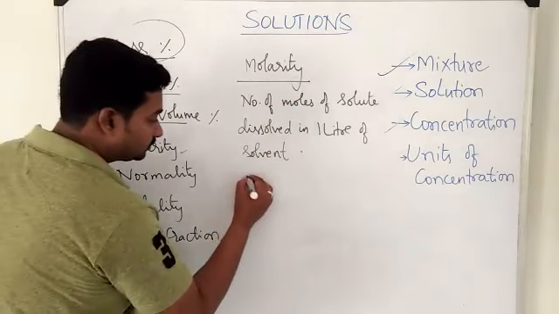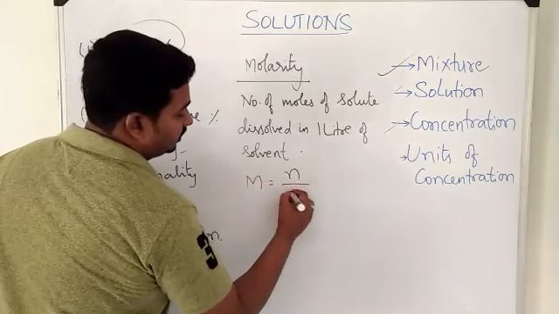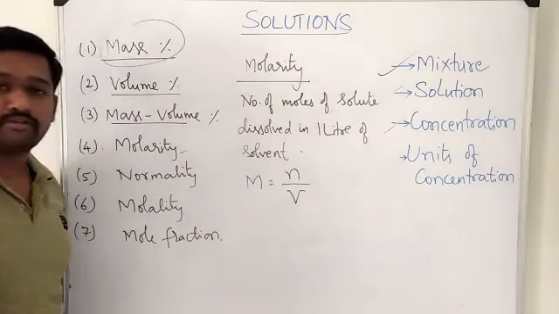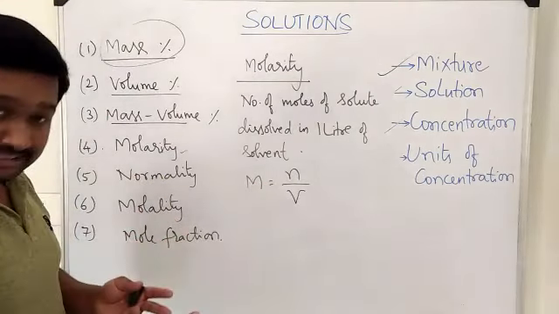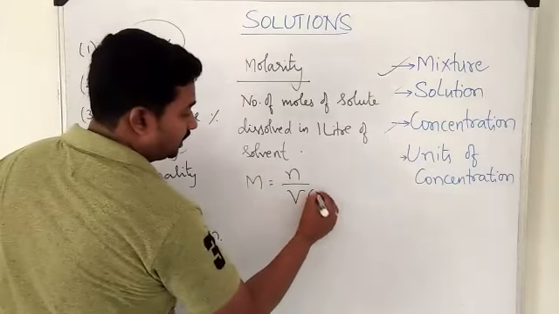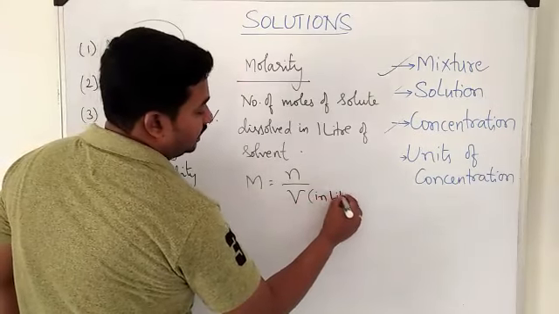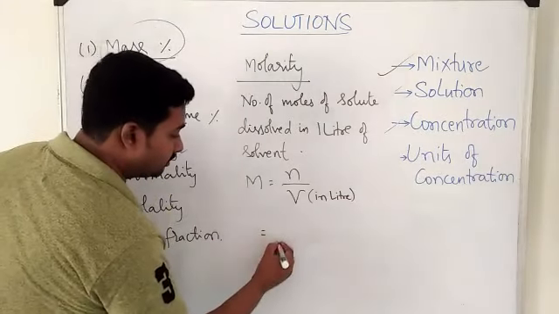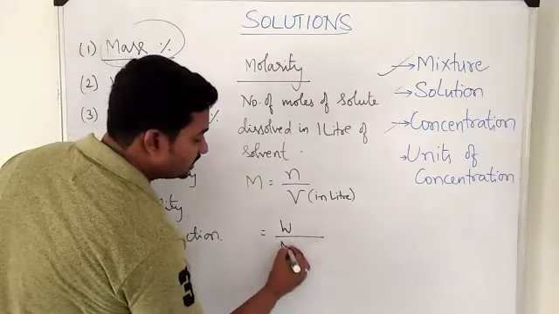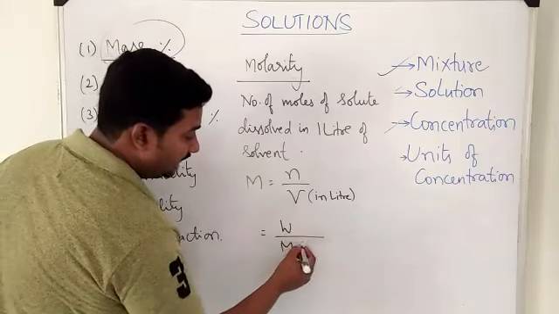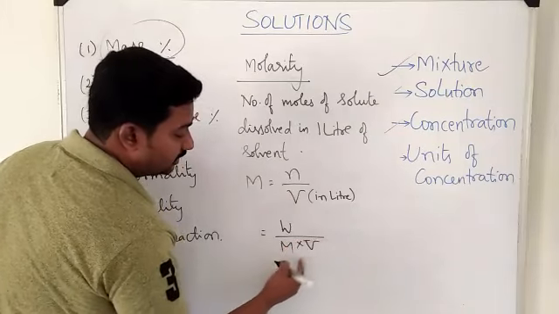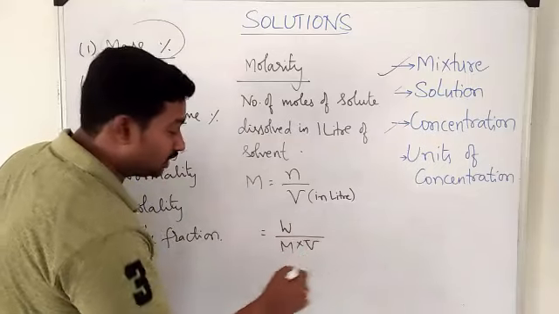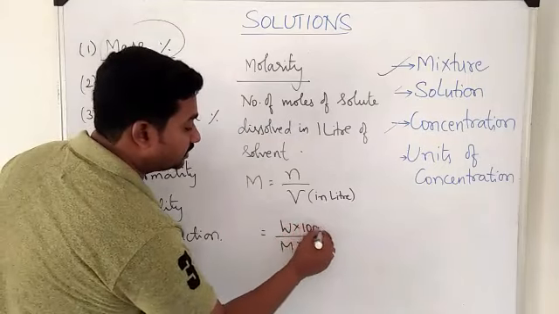Molarity we can write as n by V, number of moles by volume in liter. Be careful while calculating, it must be in liter. Otherwise, convert it. Number of moles is mass by molecular mass. Volume in liter, so I will consider V here. If it is given in centimeter cube, multiply mass into 1000.